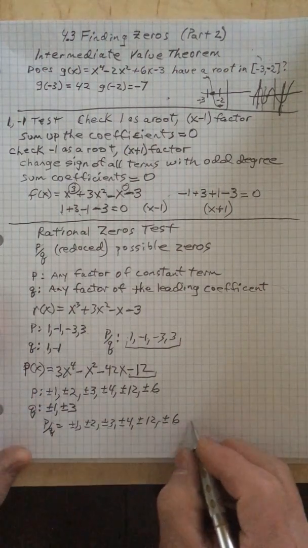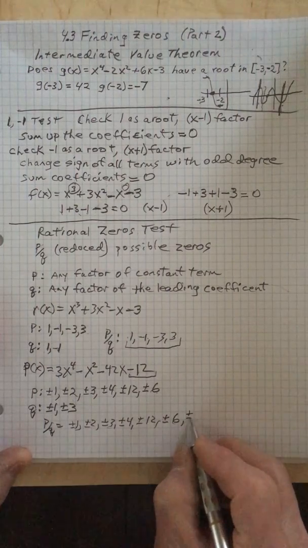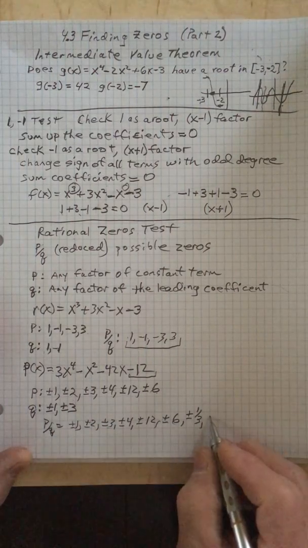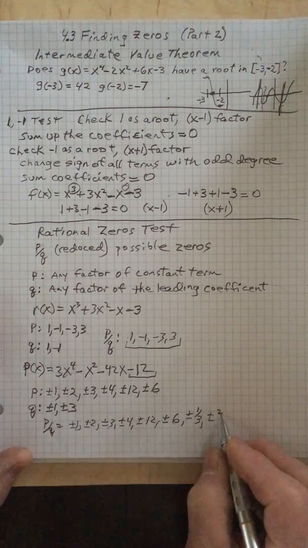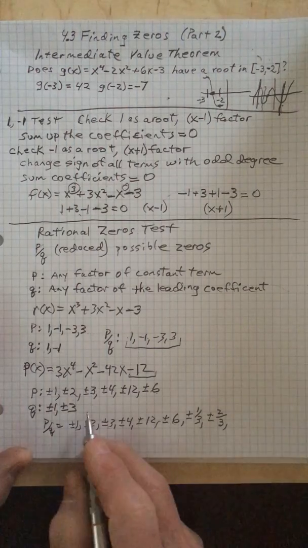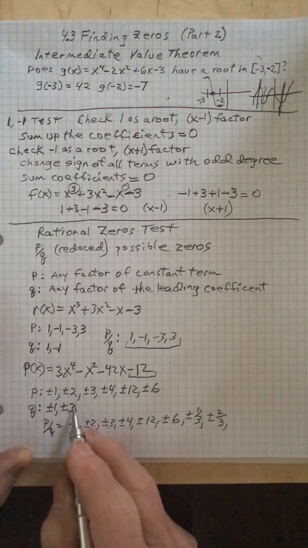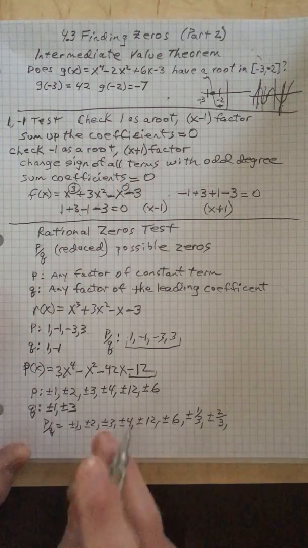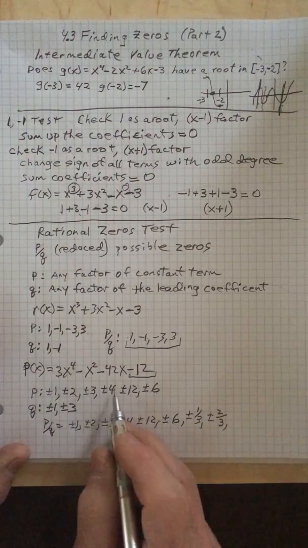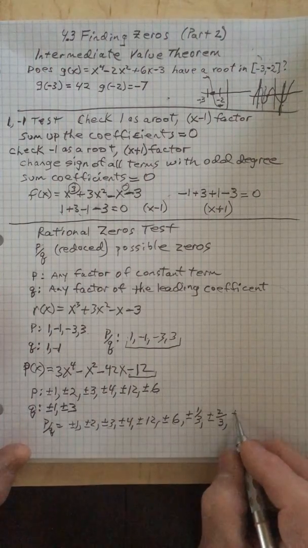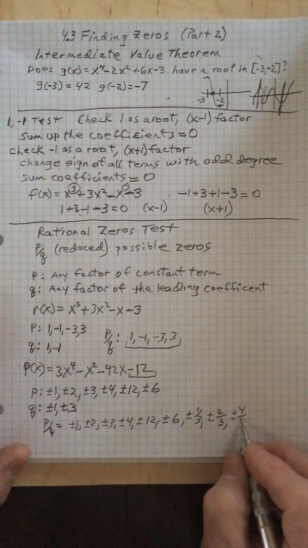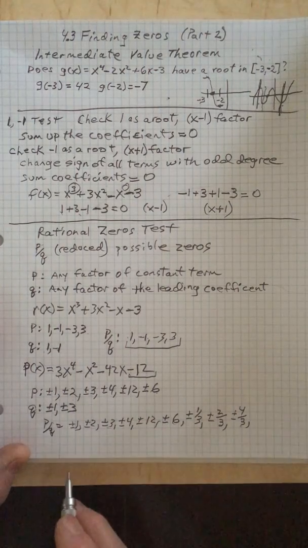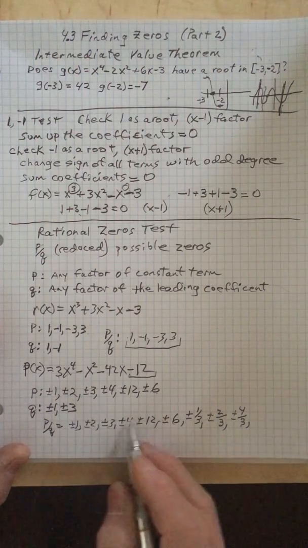Plus or minus 1/3 could be a root. We don't know. Plus or minus 2/3. Okay. And then 3 goes into 3 once, so that's going to be back to plus or minus 1, so we've got that one. Plus or minus 4/3. 3 goes into 12 4 times, so we already have plus or minus 4.